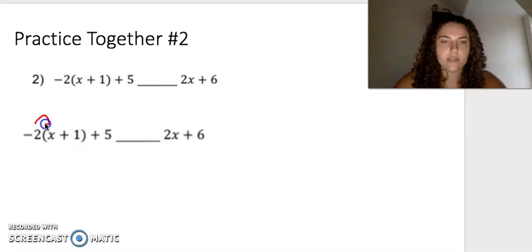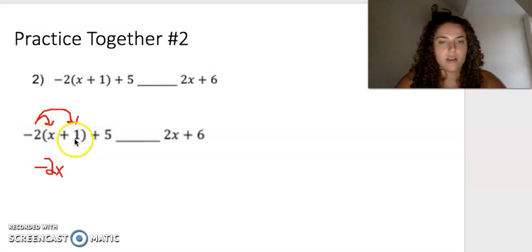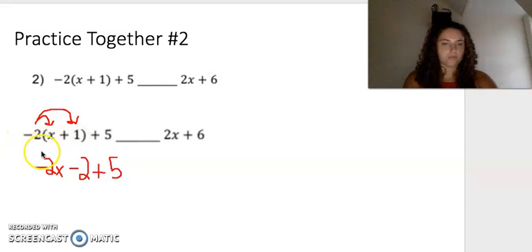Again, we're just going to distribute that negative 2 to this x. So now we have negative 2 times x, which is negative 2x. Then we're going to distribute that negative 2 to the 1. So negative 2 times 1 is going to equal negative 2. And then we have plus 5. So now we can combine these two like terms.